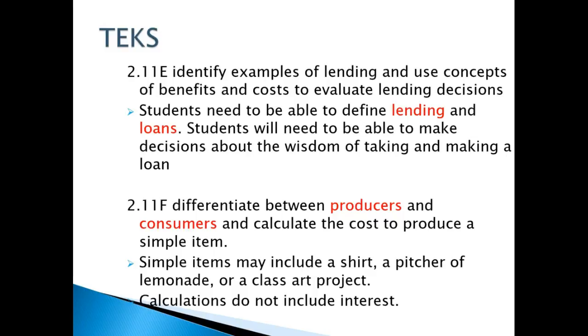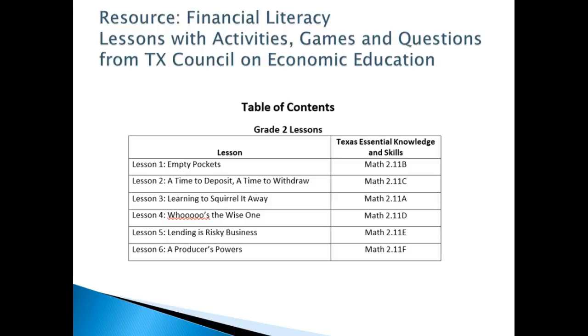So the kids need to be able to define lending and loans. Then on 2.11f, the kids will be differentiating between producers and consumers and calculating the cost. Simple items that they might use, as shown here, include a shirt, a picture of lemonade, or class art projects. And we don't include interest with that.